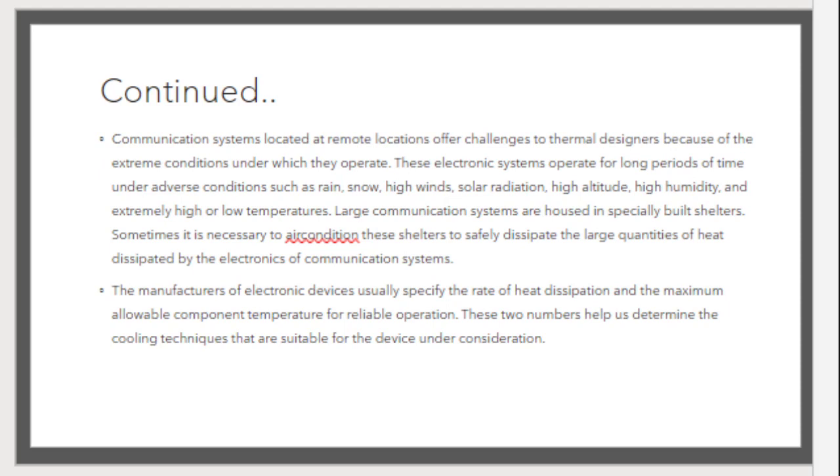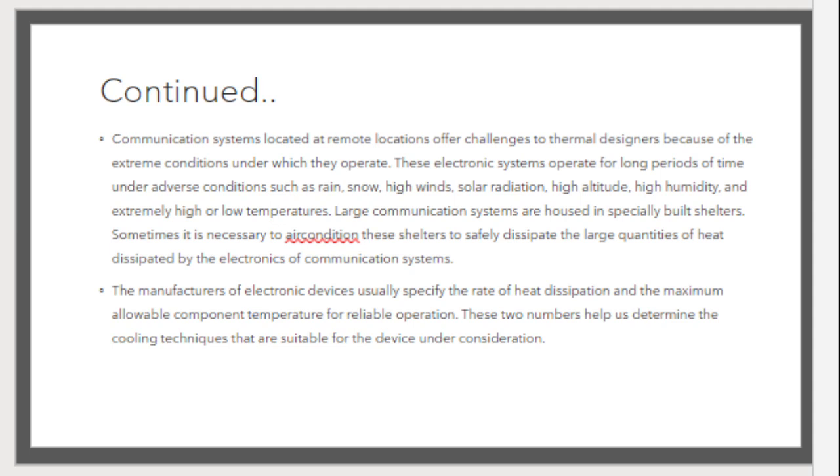Communication systems located at remote locations offer challenges to the thermal designers because of extreme conditions under which they operate. These electronic systems operate for long periods of time under adverse conditions such as rain, snow, high winds, solar radiation, high altitude, high humidity, and extremely high or low temperatures.